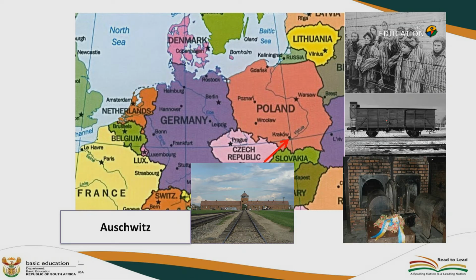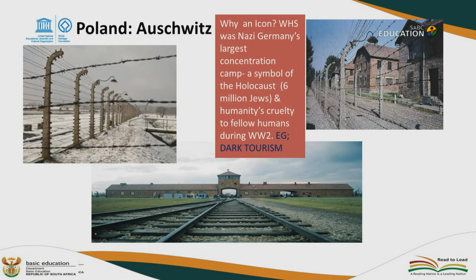We've also got Auschwitz. It is found in Poland. This is our Auschwitz. Why an icon? It was Nazi Germany's largest concentration camp, a symbol of the Holocaust.